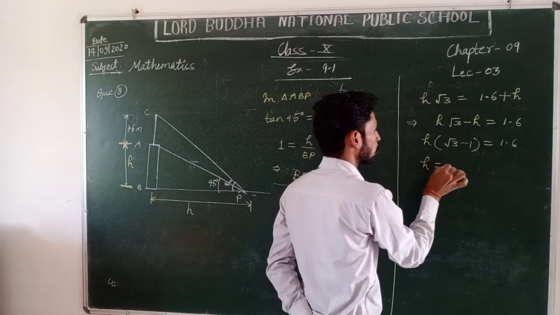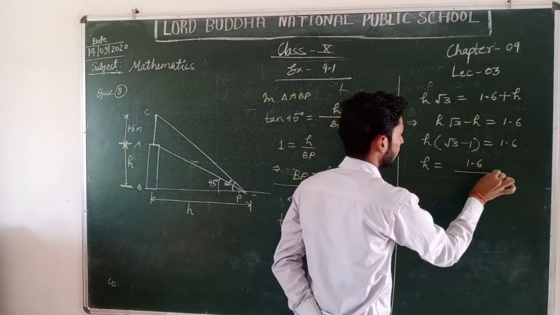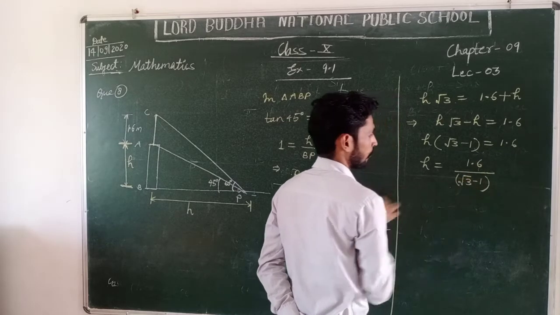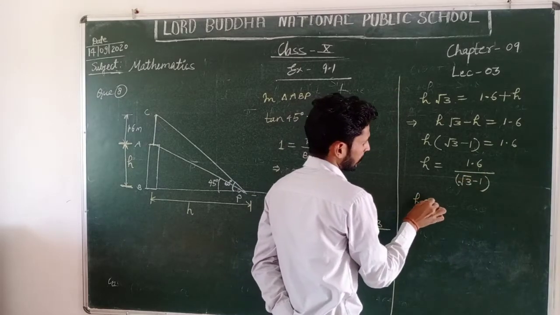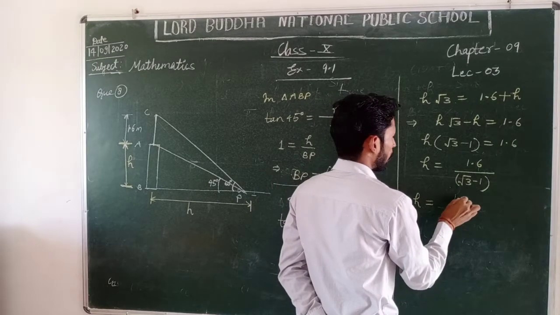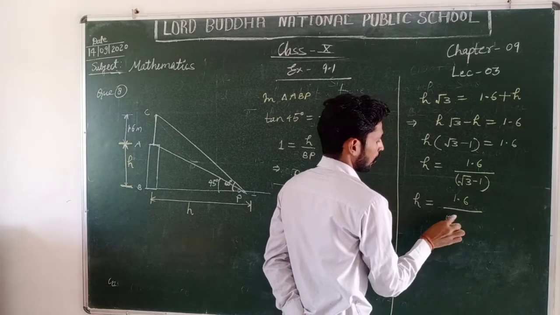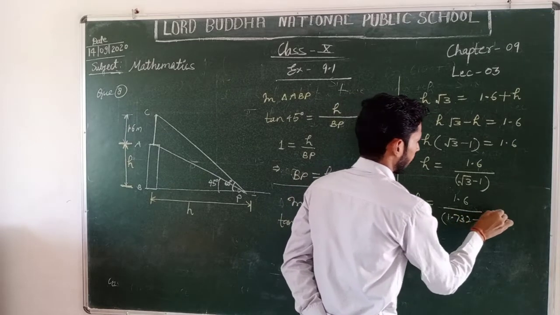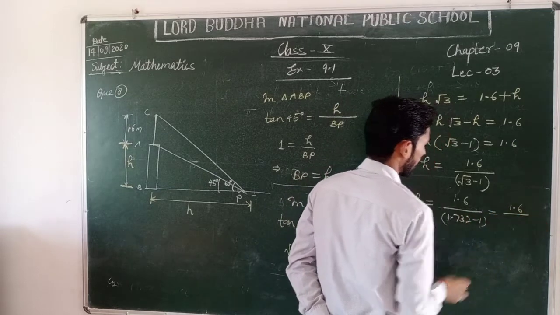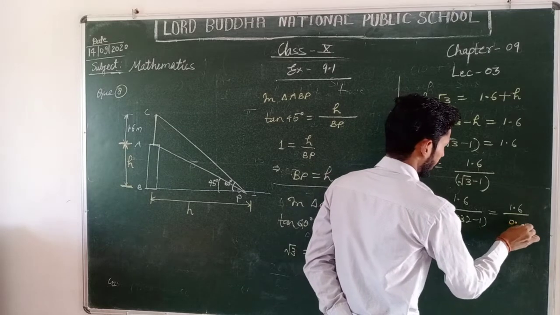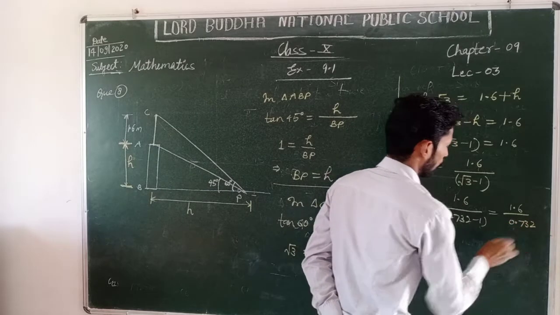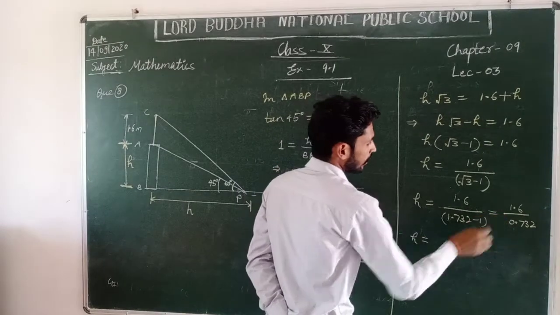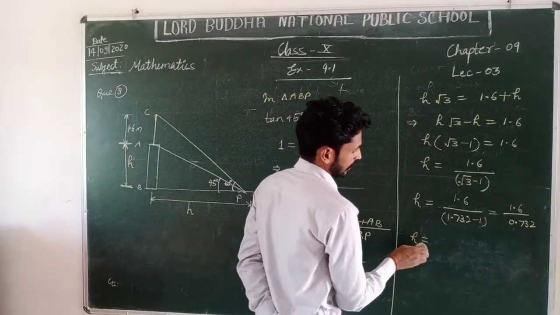Now h equals 1.6 divided by root 3 minus 1, and this will be h equals 1.6 divided by 1.732 minus 1, that is equal to 1.6 divided by 0.732. Now h equals, we can divide it and that will be the answer.